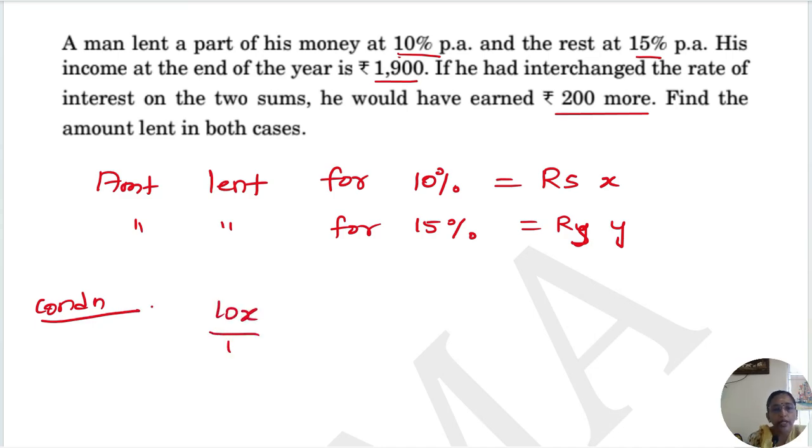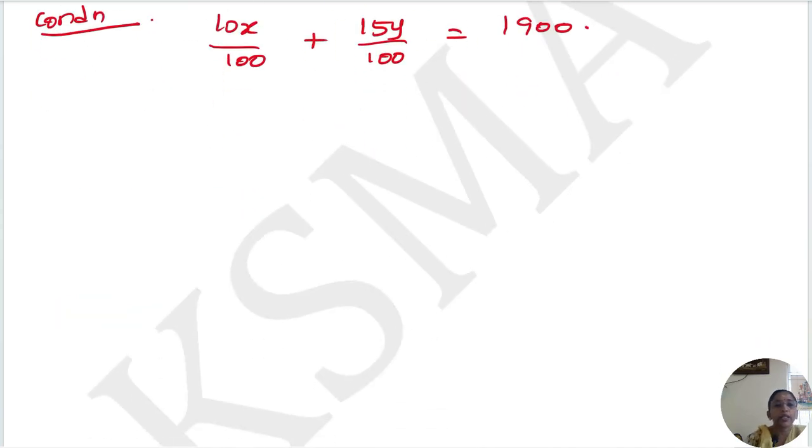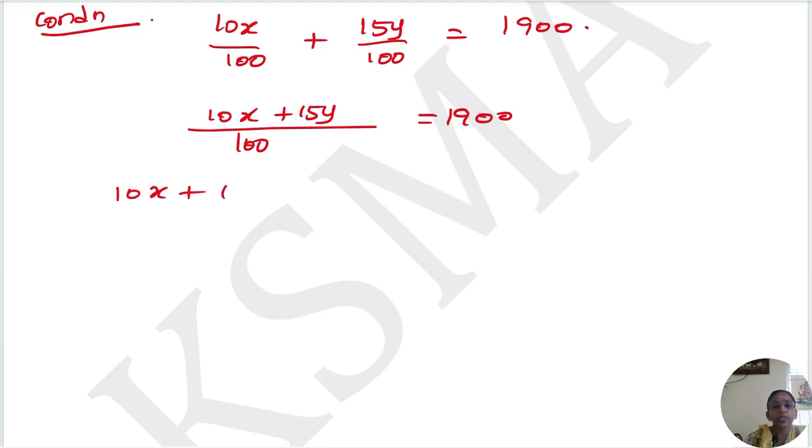So 10x divided by 100 plus 15y divided by 100 is equal to 1900. Now take LCM and do your cross multiplication. So 10x plus 15y is equal to 190000. So this is our equation number 1.